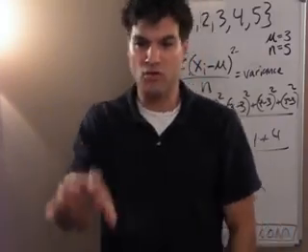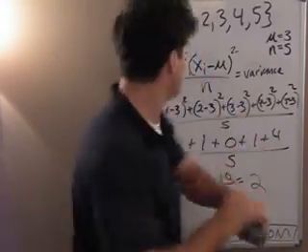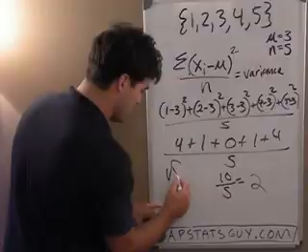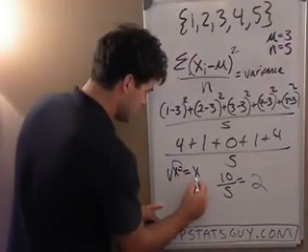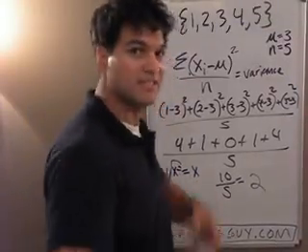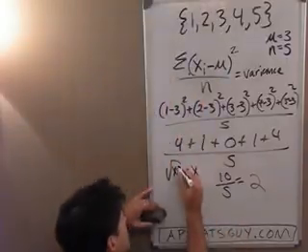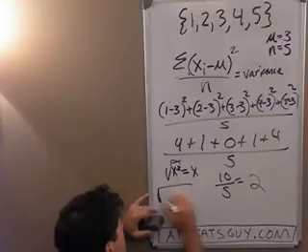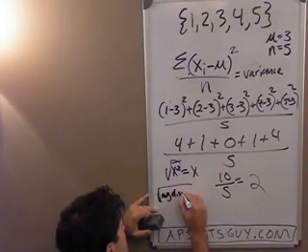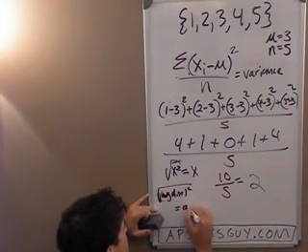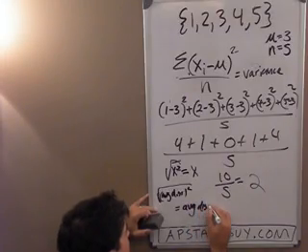The square root of x squared is x. So the square root of the average squared distance to the mean should be the average distance to the mean. Yes, sort of.